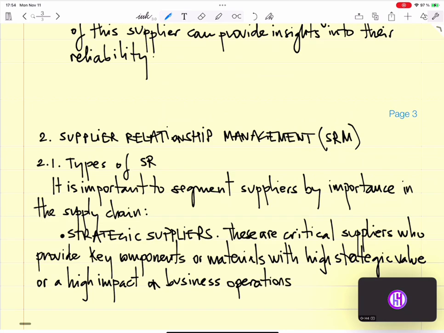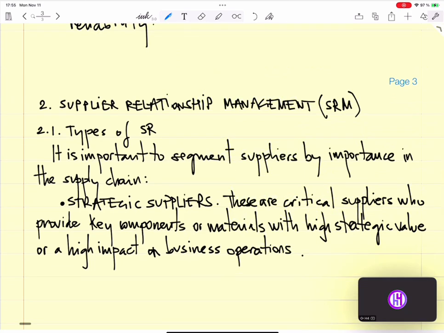Okay. We want to have long-term relationships with these suppliers, okay? We don't want to be changing strategic suppliers every other week.